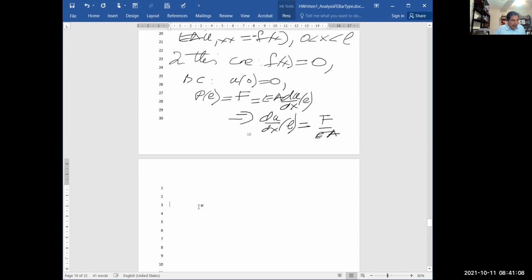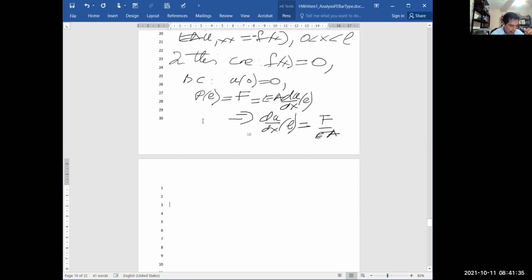Now, remember the procedure. In this case, we take only one single bar. That was the partition. We establish the interpolation. We deduced, using these relations from solid mechanics, the stiffness matrix.